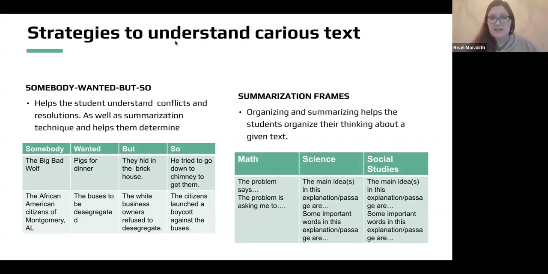For science and social studies, you might have students look at the main ideas in this passage or this explanation are this. Some important words in this passage or explanation is this. And just practicing identifying those main key points and the main facts about a text.